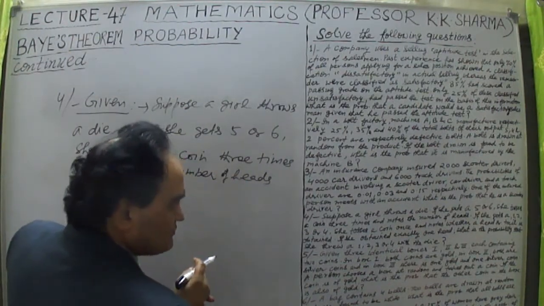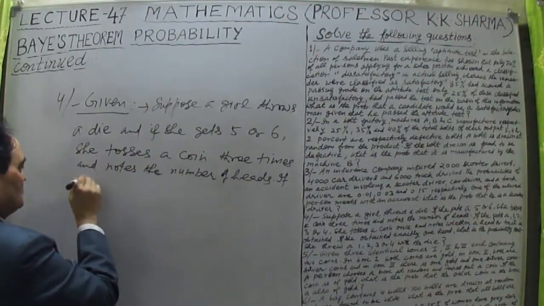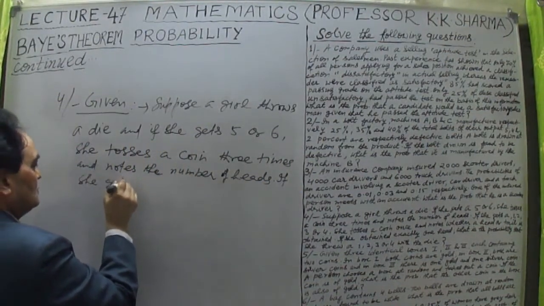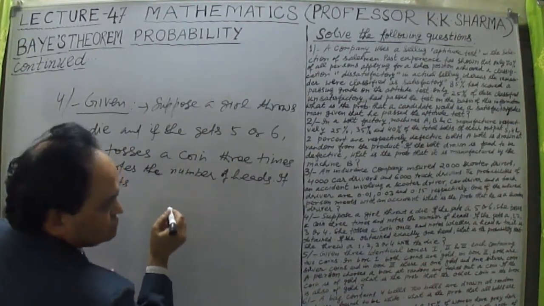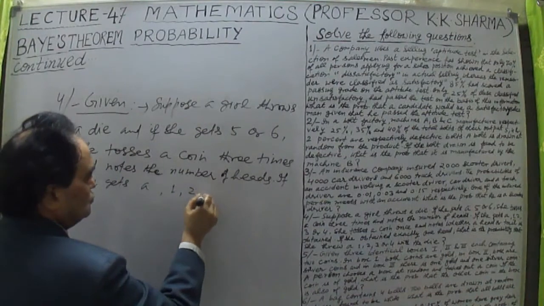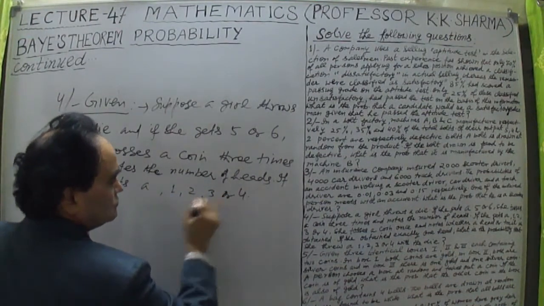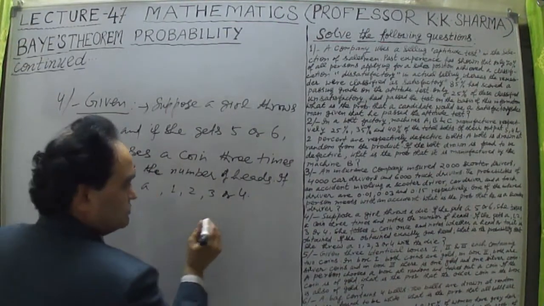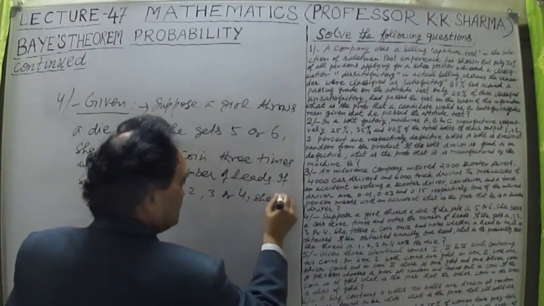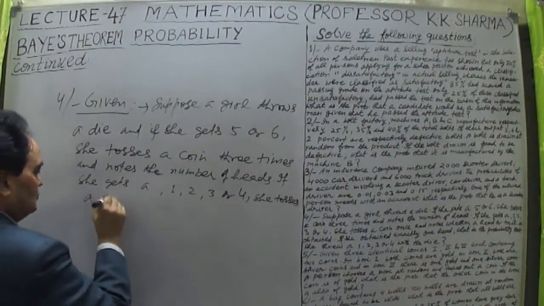Further it says that if she gets a 1, 2, 3 or 4, then she tosses a coin once only.